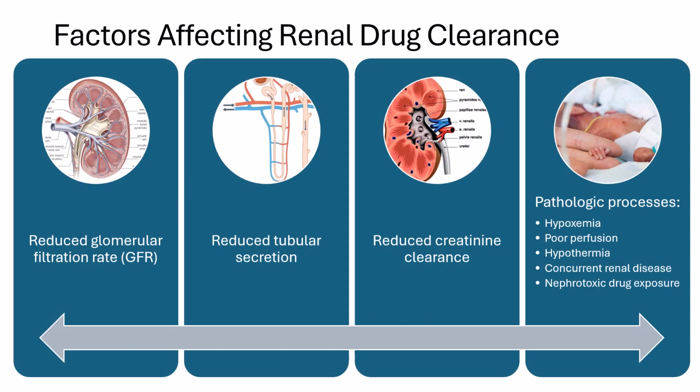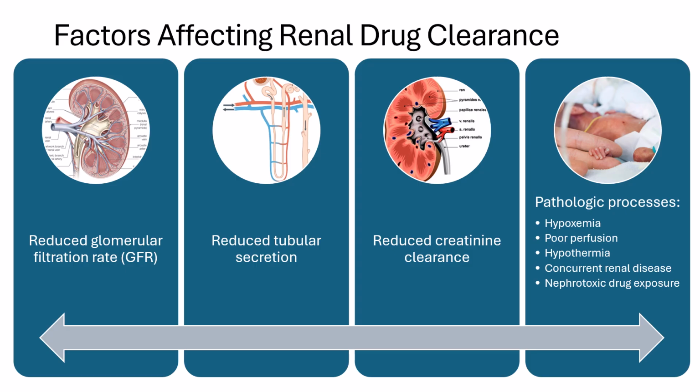It is important to understand factors affecting renal drug clearance. Neonates have reduced glomerular filtration rate, reduced tubular secretion, and reduced creatinine clearance compared to adults. These parameters improve with gestational and postnatal age, but remain below adult values for months.